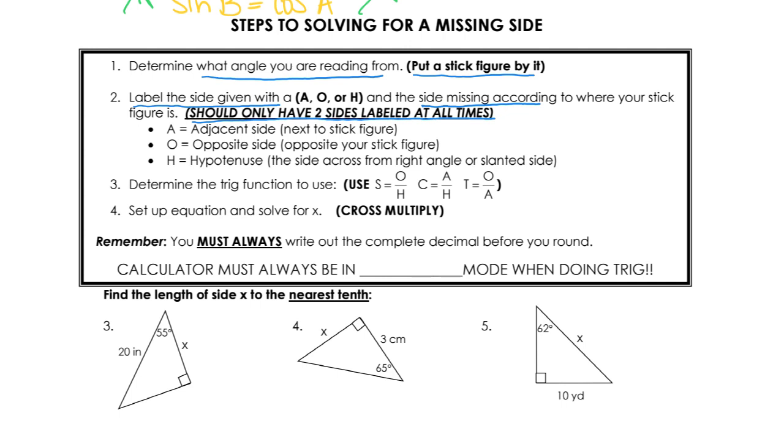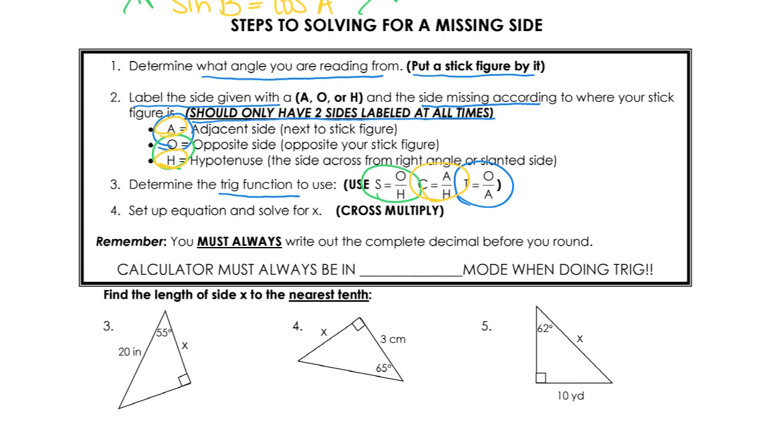In number 3 here, it says determine which trig function to use. So based on what you labeled up here, if you labeled A and O, you would pick tangent. If you labeled O and H, then you would pick sine. If you labeled A and H, then you would pick cosine. That's why I only label 2. It's a lot easier to pick your trig function.